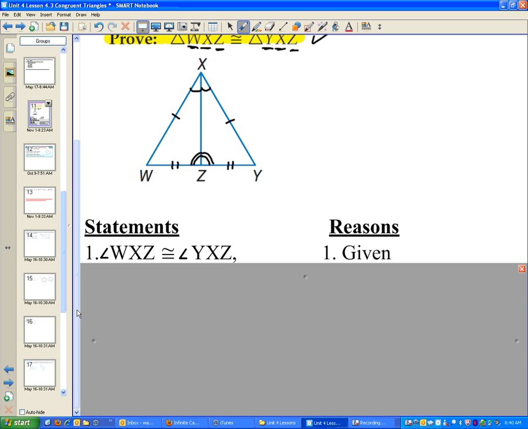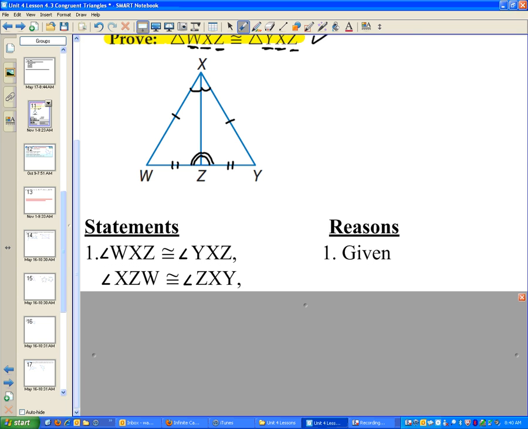Whenever I have other facts I can state that have that as the reason I know they're true, I can list them all as part of statement 1. So statements can contain more than one fact at a time as long as they all have the same reason. Okay? So what else is given to us? Well, that other pair of angles is given to us. So angle XZW is congruent to angle ZXY because of the same reason. It's given. That's why I know it's true.